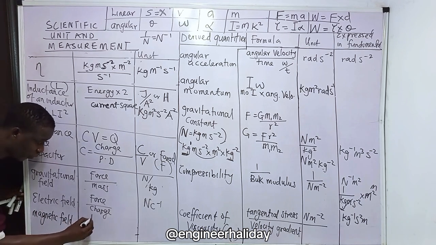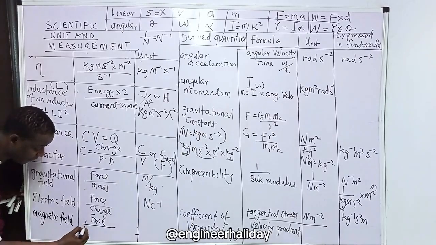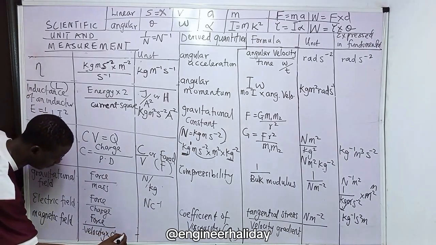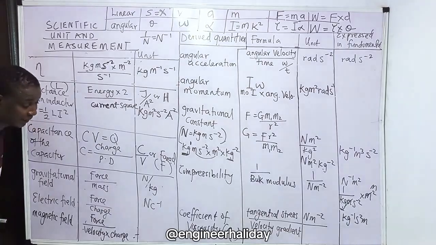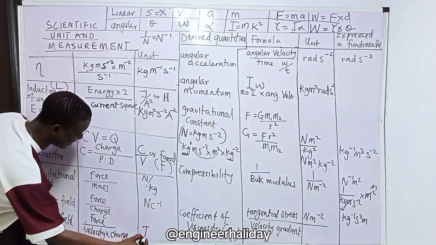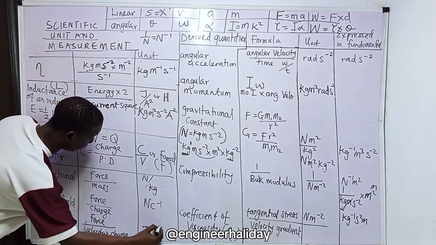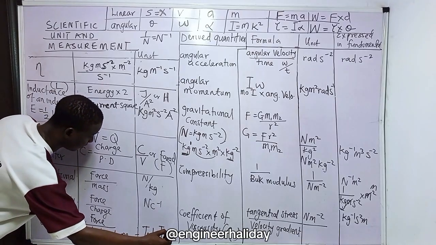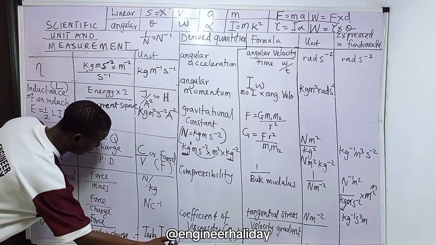Magnetic field is equal to force divided by velocity times charge. If you break it down, it is measured in Tesla, named after somebody, capital letter T, or measured in Newton per Weber.